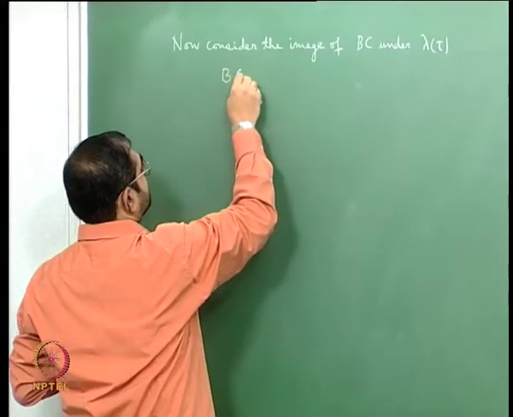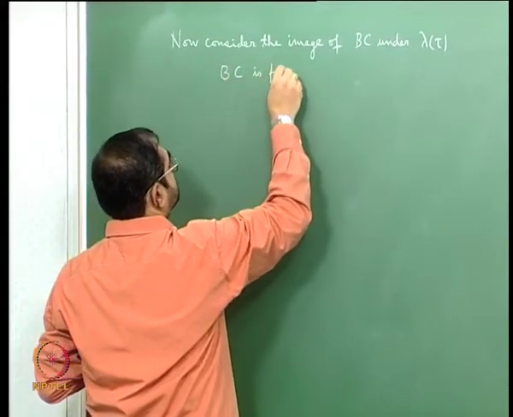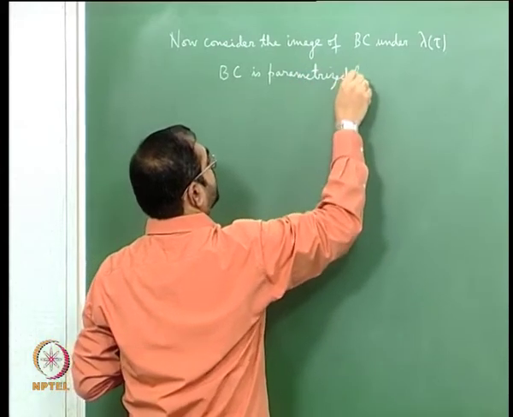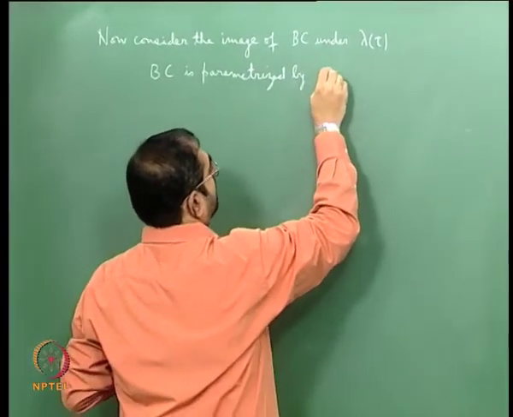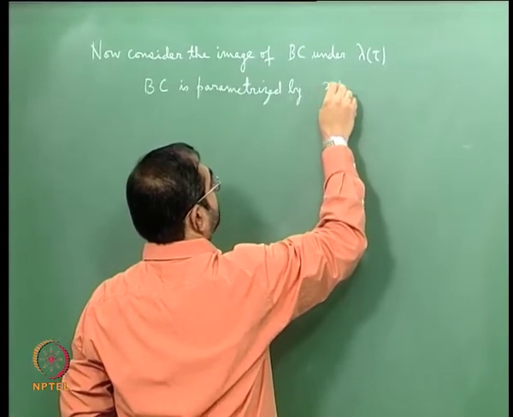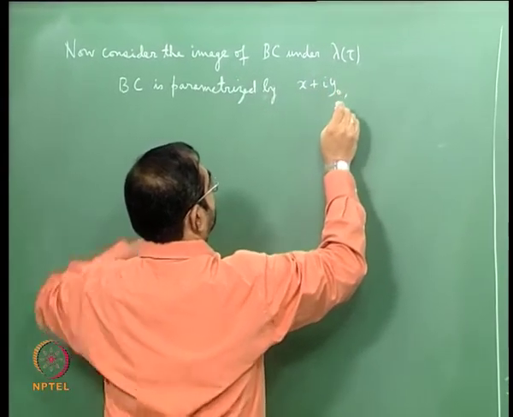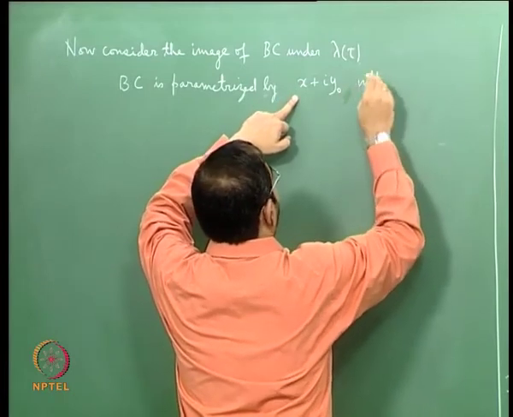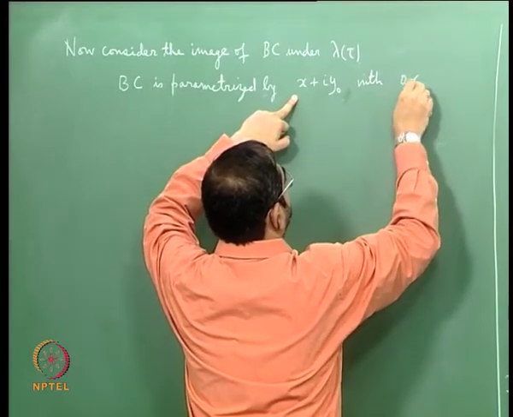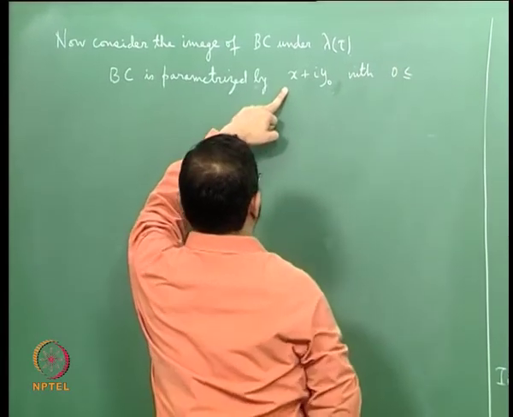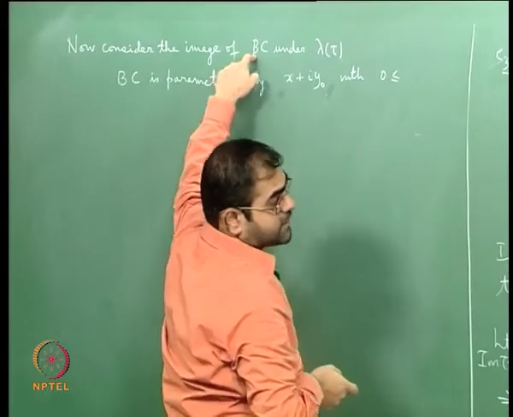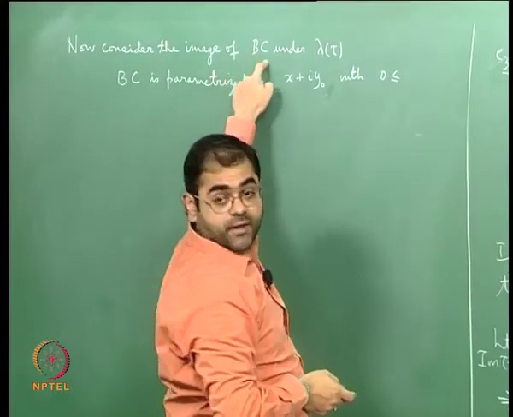BC is parameterized by x plus I y naught with x varying from, so when I am at B, x is 1, when I am at C, x is 0.